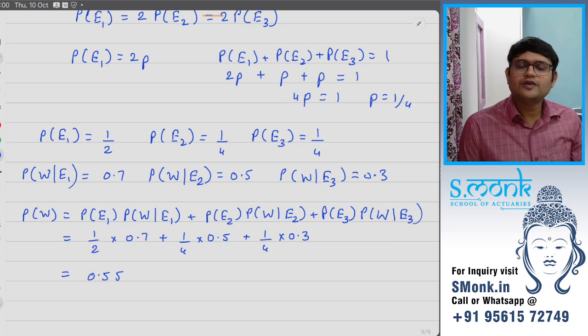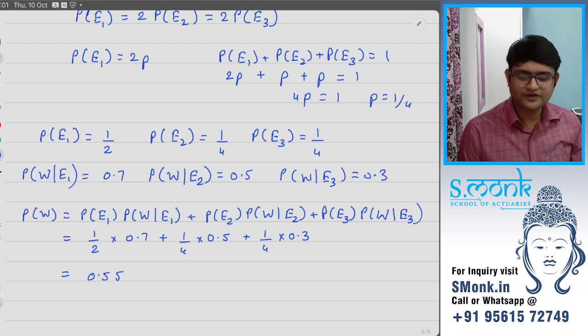So we are getting probability of choosing a white ball as 0.55.